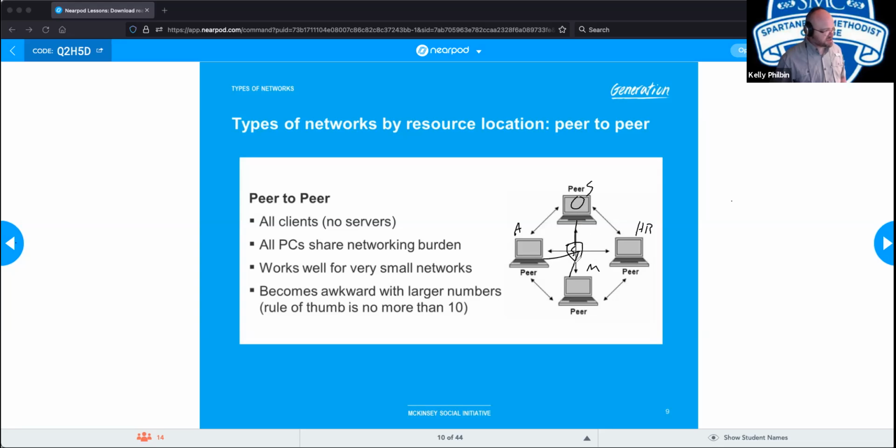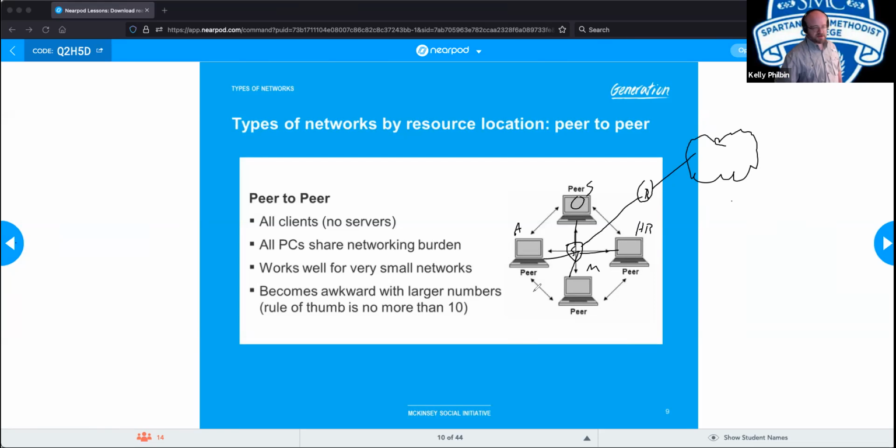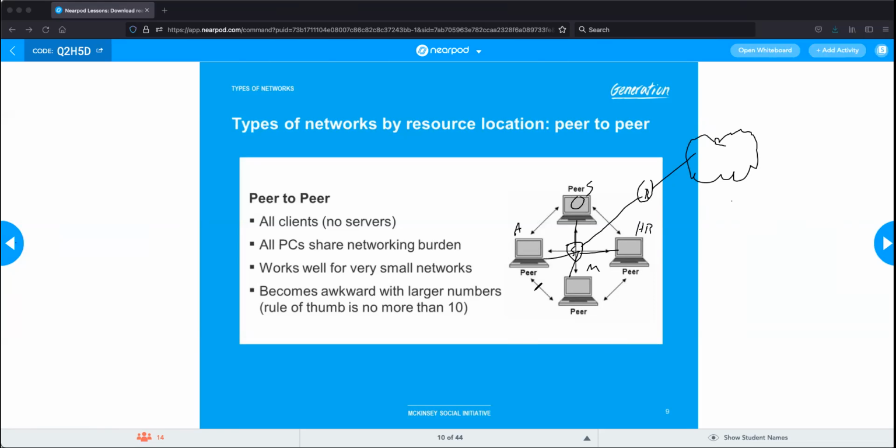Each of them are connected to that switch, and then you could have a router out here that they connect to, and then that goes out to the internet. This is my really horrible representation of the cloud. So that, okay, this. But the point is amongst each other, they're all sharing resources. Okay, okay, I think that cleared it up.